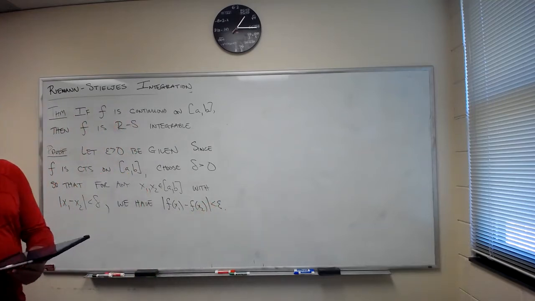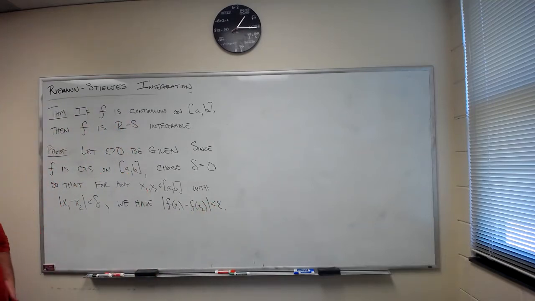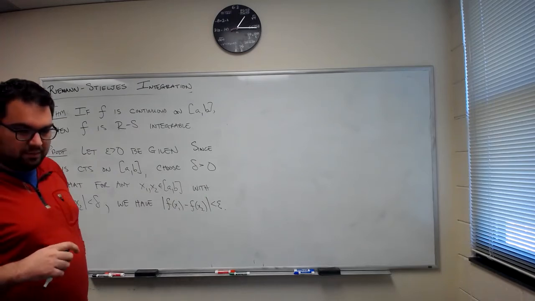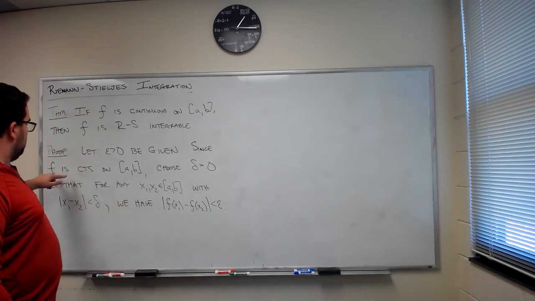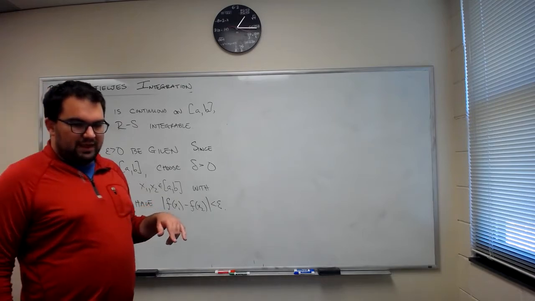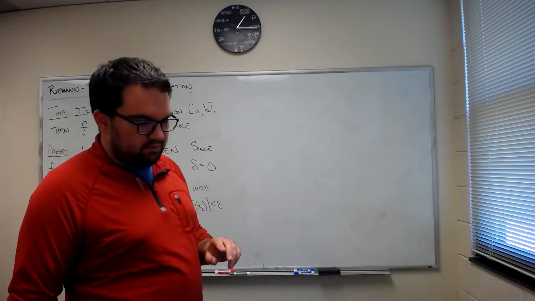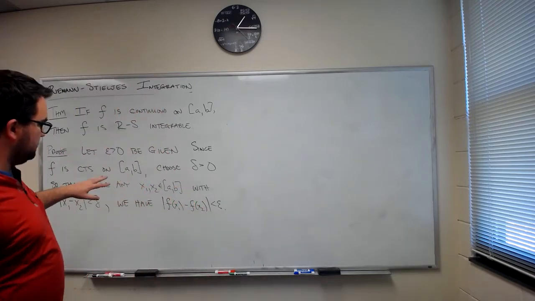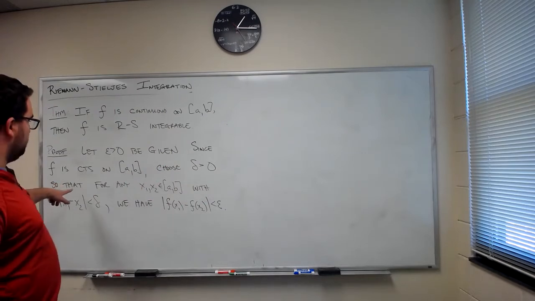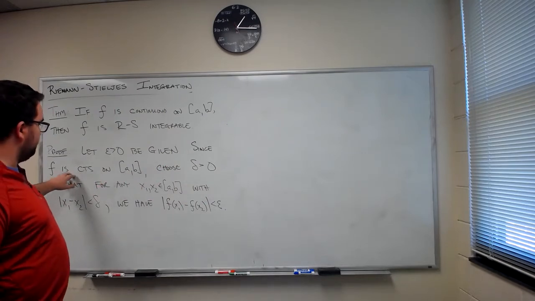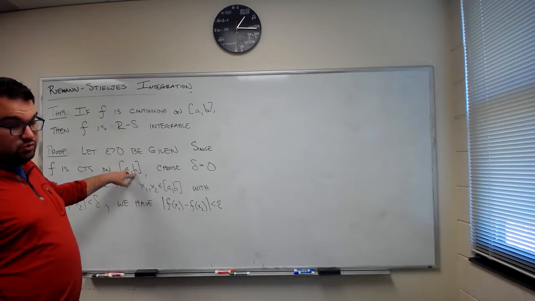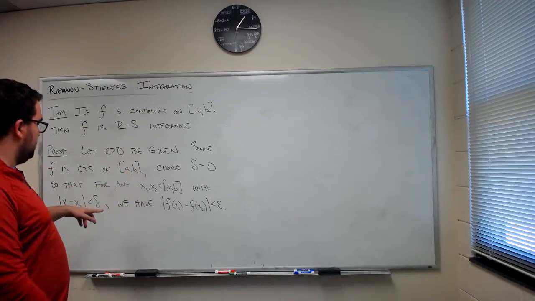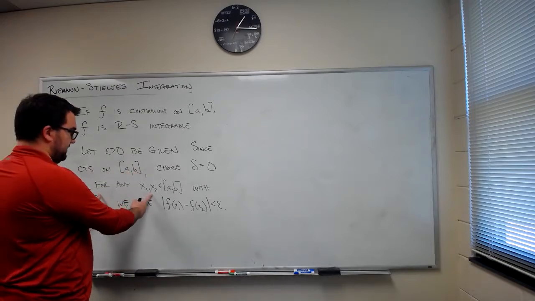Now, if you go back and look at our definition of continuity, we talked about continuous at a point. This is slightly different, and in fact, this is using something that we haven't totally talked about yet, or at least in as much detail as we will in a bit, which is uniform continuity. It turns out that if your function is continuous on a closed interval [a, b], it's uniformly continuous on that interval. And really, this is a statement of exactly what that means.